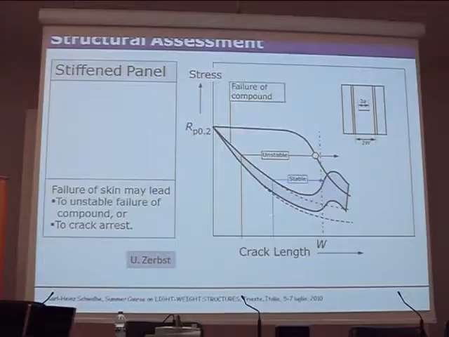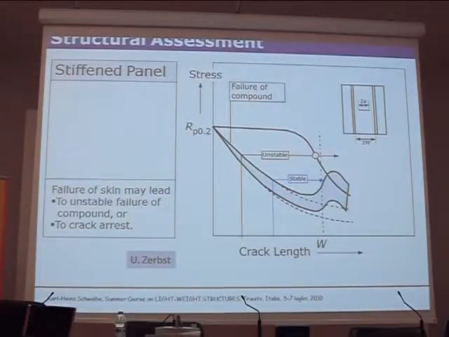But if instability occurs here at a lower stress, the crack jumps but hits this curve, which is rising at this point, so the system is stable. So even an unstable crack can become stable if it hits an area where the fracture strength, so to speak, increases.